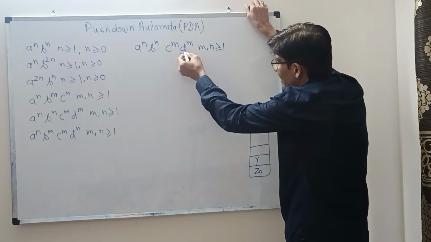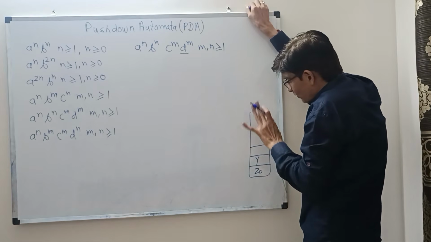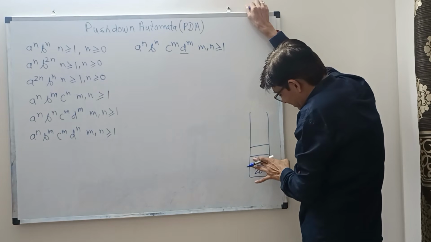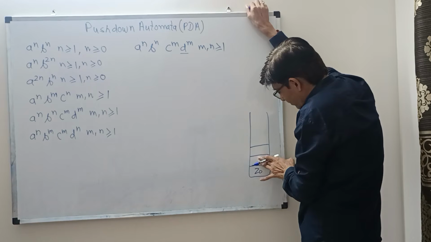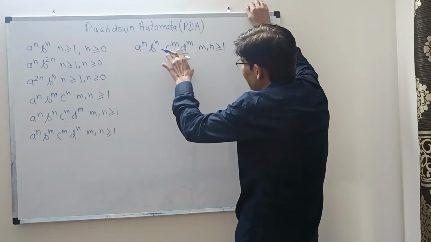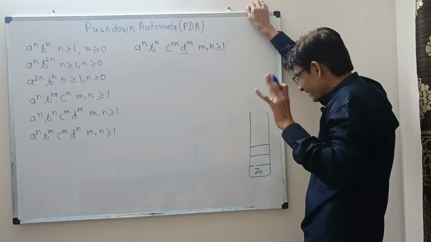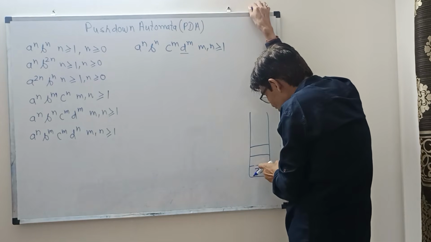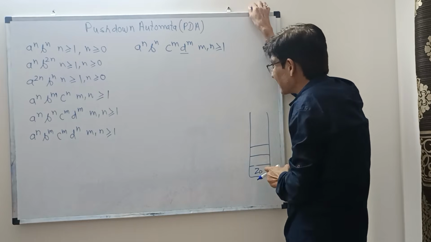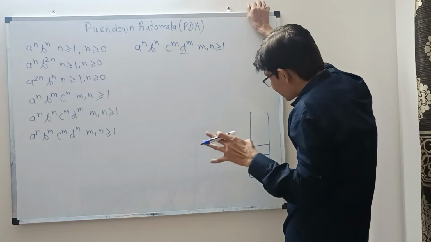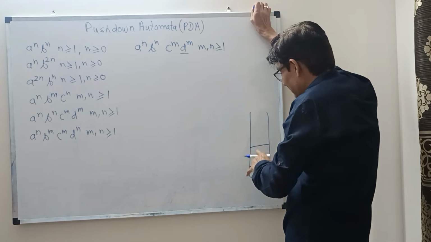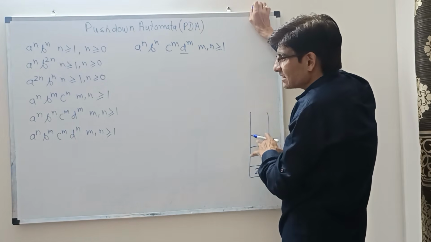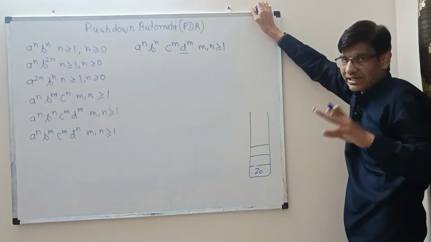So for every D, you will pop one Y from the stack. So if the number of C and number of D are equal, then after reading the complete string, Z0 must be on the top of the stack. If this is the condition, then you can consider the string as accepted by the machine.